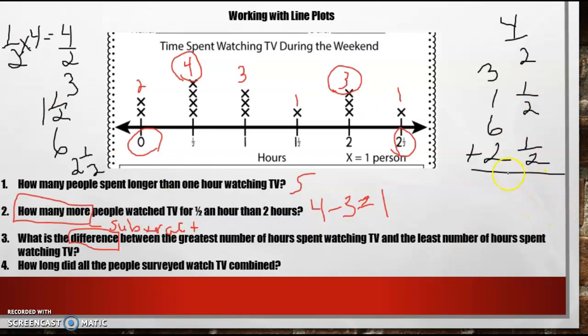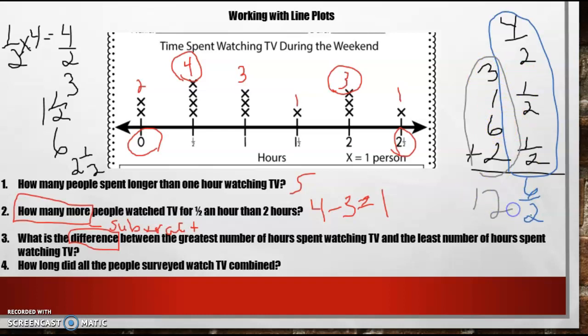So I can add my fractions. 4 halves plus 1 half plus 1 half gives me 4, 5, 6 halves. My whole numbers: I have 3 plus 1 plus 6 plus 2. 6, 7, 8, 9, 10, 11, 12. I have 12 and 6 halves.